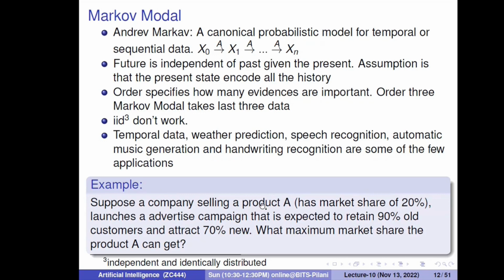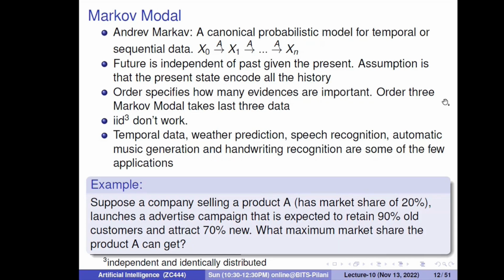Suppose a company is selling a product A, and it has a market share of 20%. What does it mean? Let's assume there is a shampoo named Bisleri.